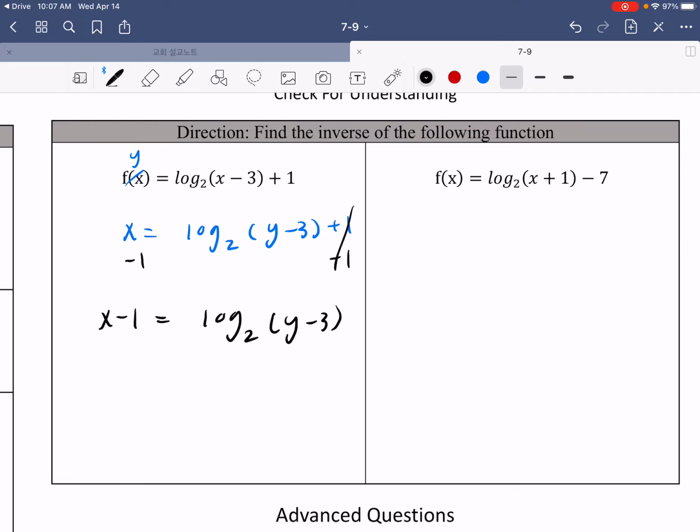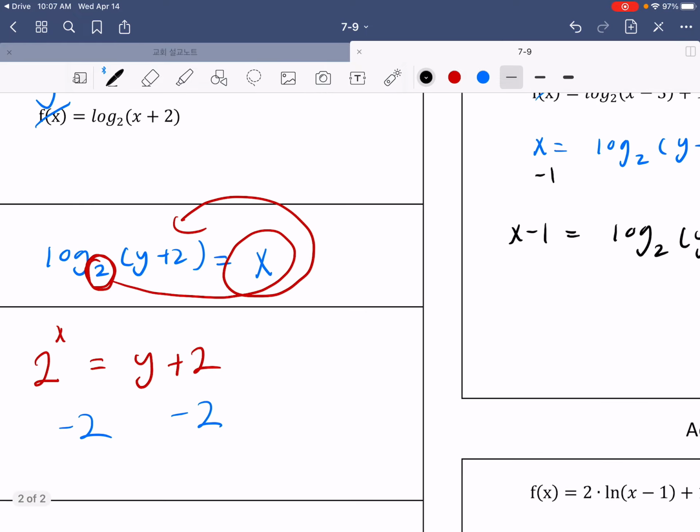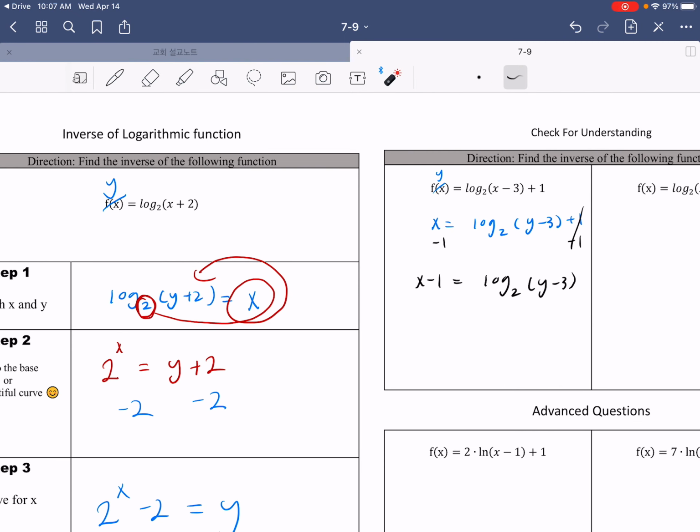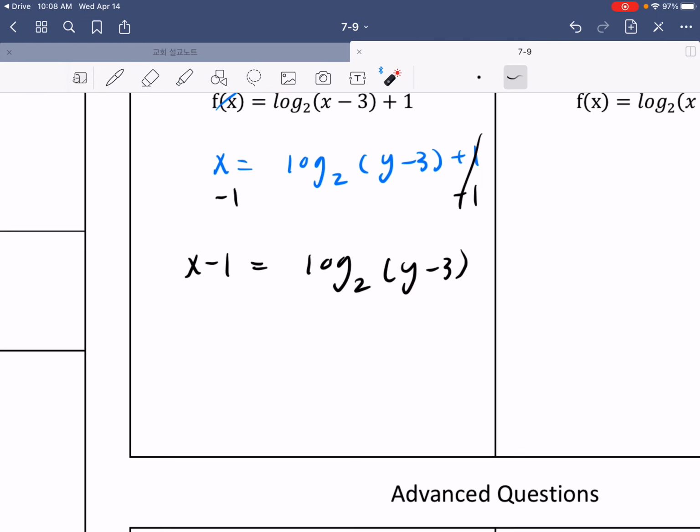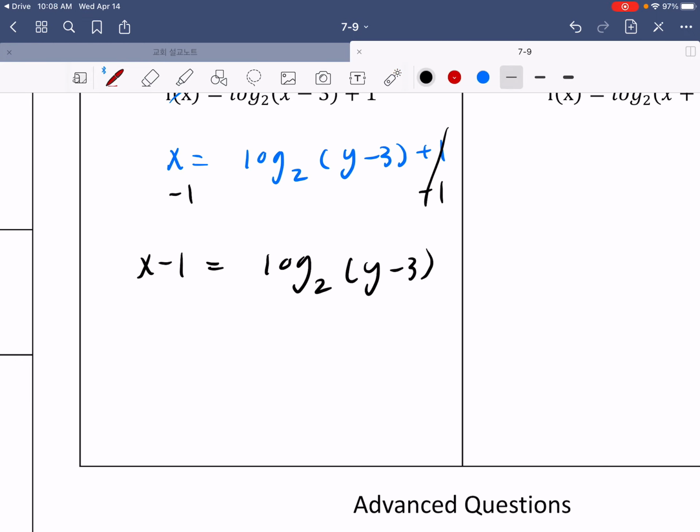Dang, we gotta use the beautiful curve, but now you see why I switched these two sides, so that I can draw a beautiful curve more beautifully. But we can do it here. Circle the base. Let's do the beautiful curve like that.